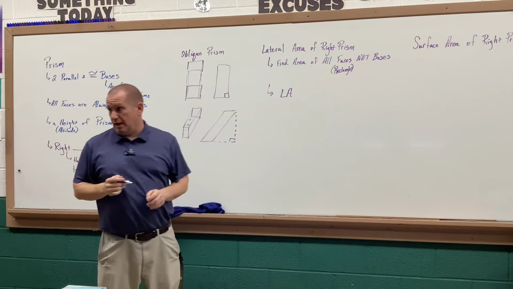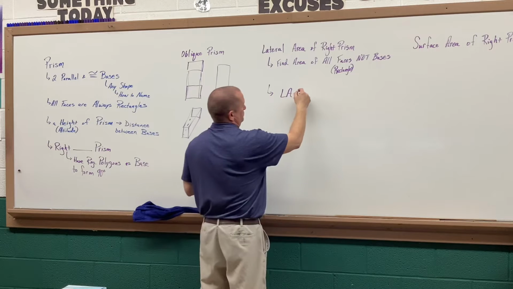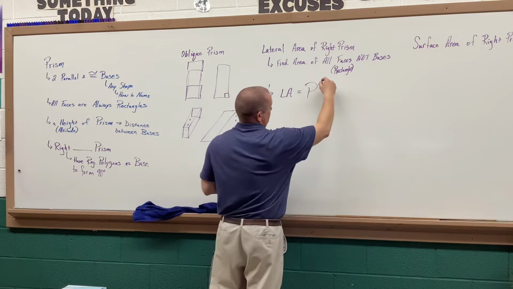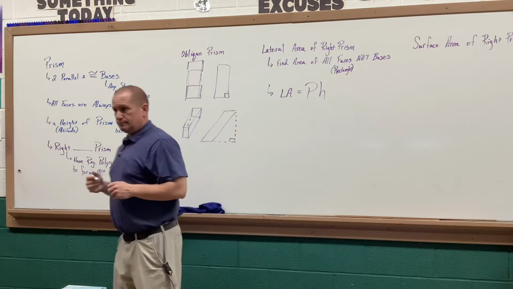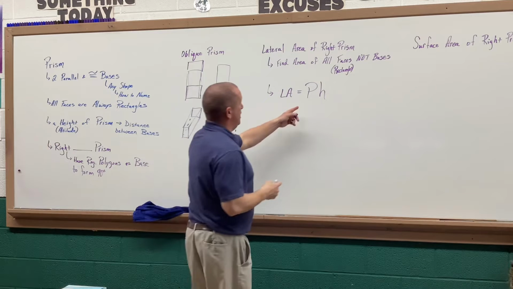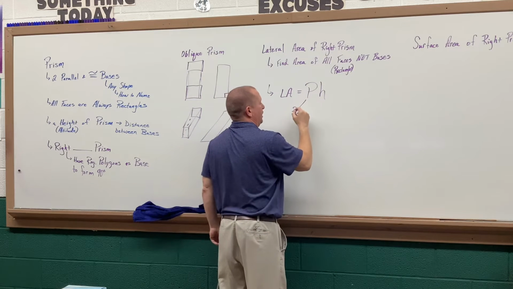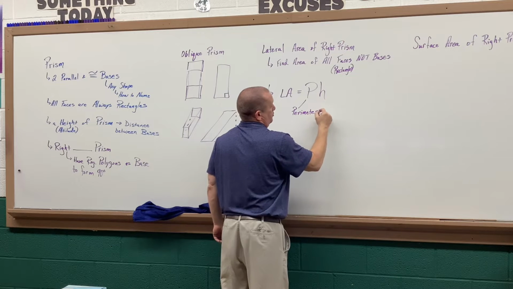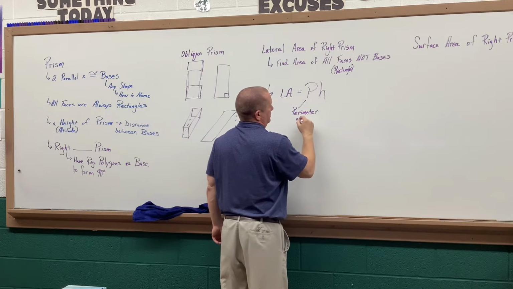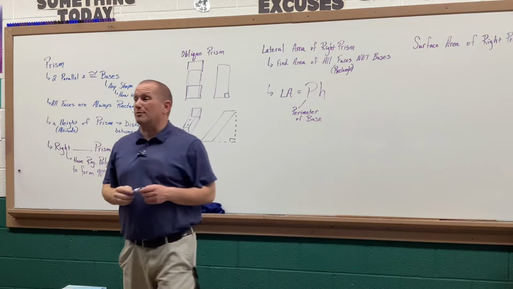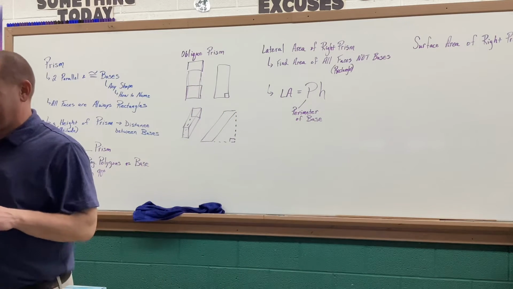Lateral area, LA, is equal to capital P times H. So what's P mean? The perimeter of the base. I'm going to add up the sides of the base.